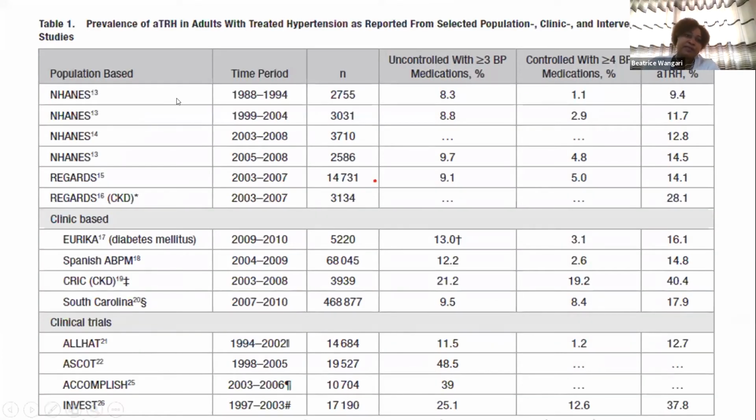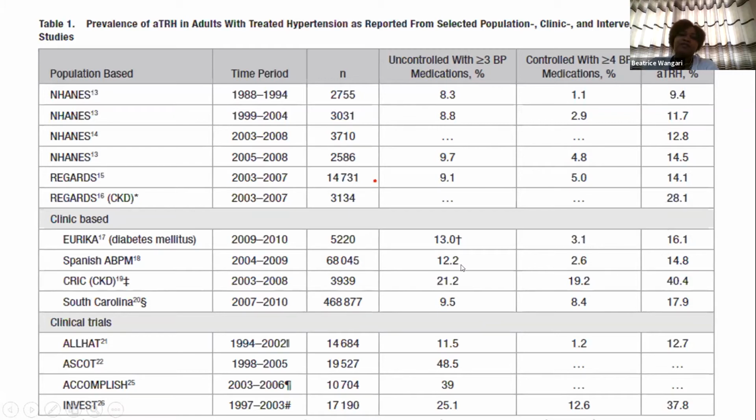The table emphasizes that aspect: when you look at population-based studies like the NHANES studies, the prevalence of resistant hypertension among patients being treated for hypertension was actually much, much lower. When you look at data from clinic-based studies, clinical trials or cohort studies, you find that the prevalence of resistant hypertension goes a little higher.